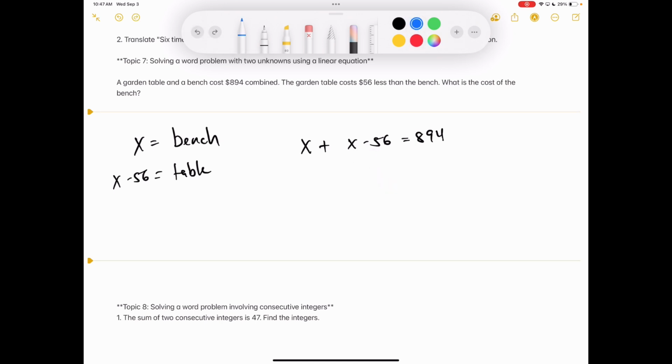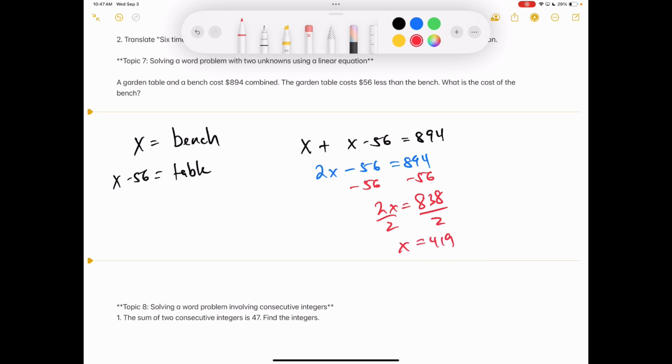Now we have an equation, and we get 2x minus 56 equals 894. Subtract 56 from both sides. So I get 2x equals some number there. My brain's shutting down, so I hate to do that in my head. 838. Divide that by 2. And X is equal to 419.